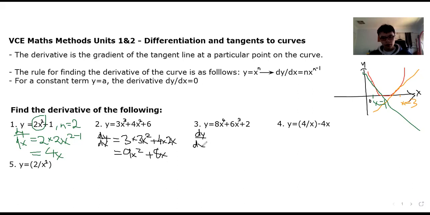So to find that one, we have 8, and we need to multiply 8 by bringing this 4 down to there. So we have 8 times 4x, and then subtract 1 from 4, so 4 minus 1, according to this rule again. So we have 8 times 4x to the 3, plus 18x to the 2.